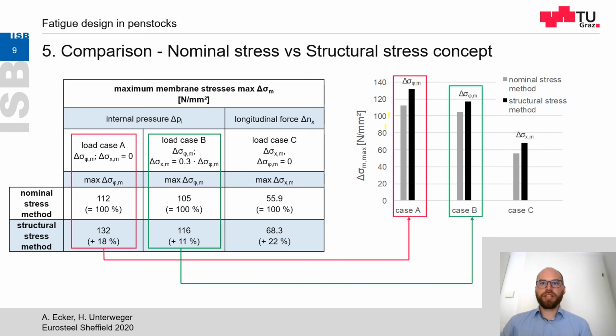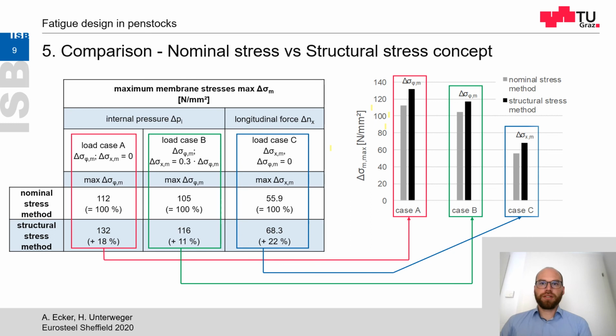The reason for this in load case A and B is that the circumferential stresses in the hotspot are lower than the membrane stresses in the thinner shell. And in load case C, the thickness transition is considered in the structural stress method, and this leads to higher maximum membrane stresses.